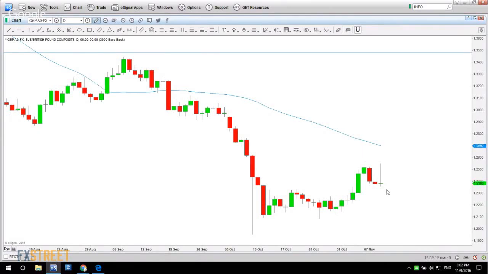Of course, we need to see price close. This hasn't confirmed. We still have another 7 hours of trading in this particular day before the market closes. But big bullish bar, stayed within the range, didn't even come to the 50 moving average, stayed within the pivot of the consolidation. The bears have come in, in the overall direction of the trend, and we're now looking for the market to continue heading down.